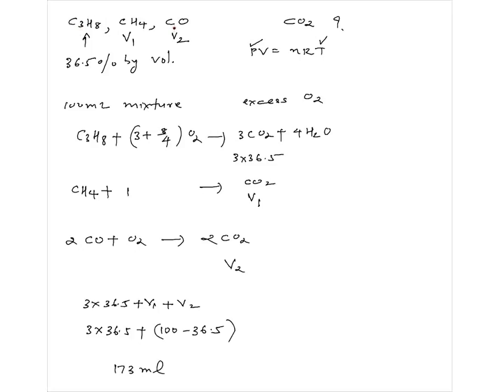So gas, gas, gas. PV equal to nRT. Pressure and temperature constant, then volume is proportional to moles. Why is it important? It's very important, because reactions work by particles. Particles means moles.